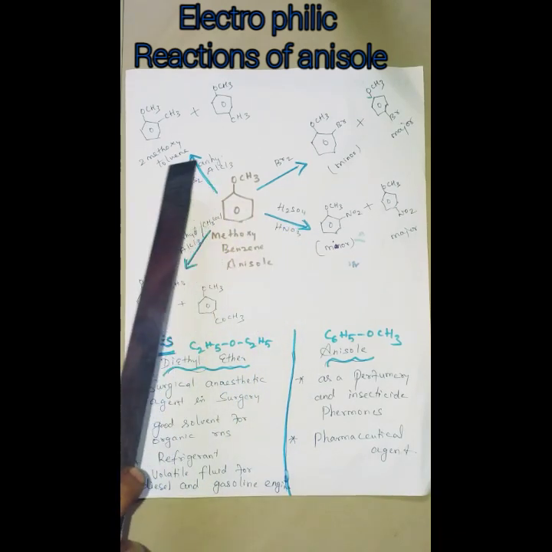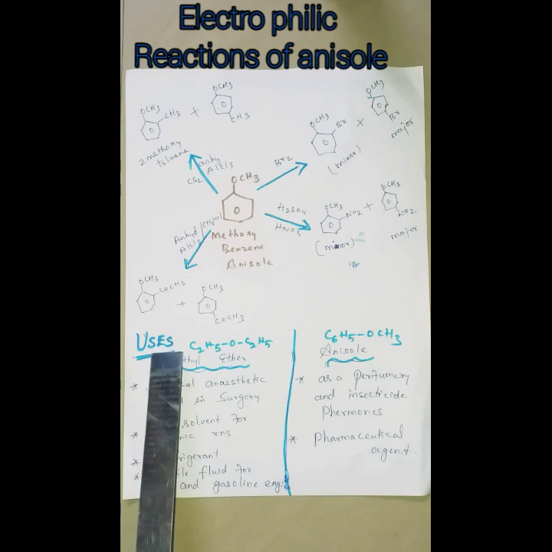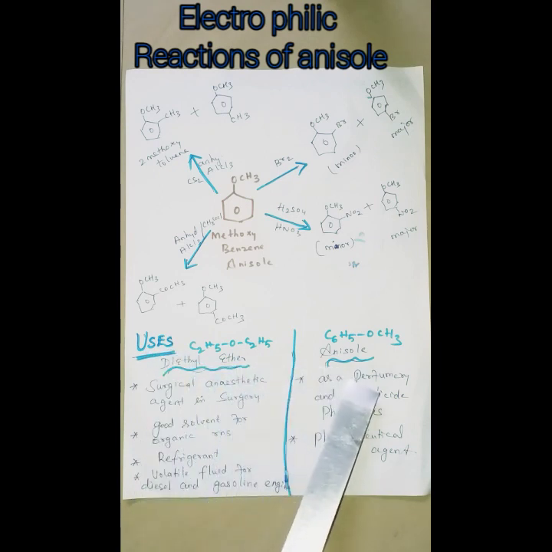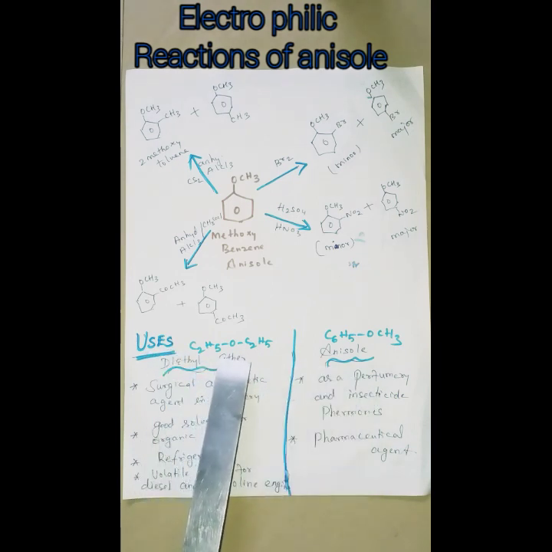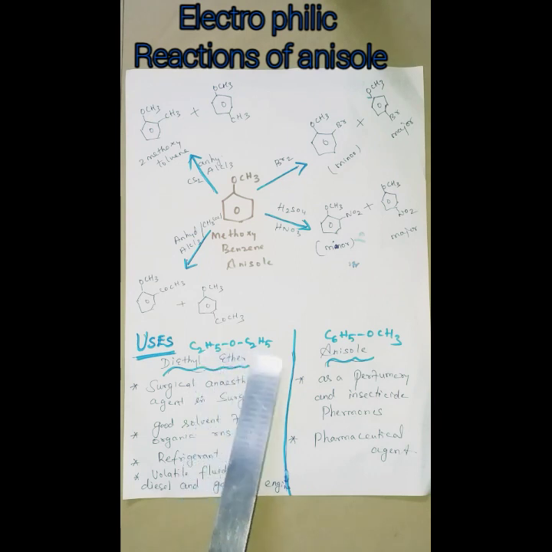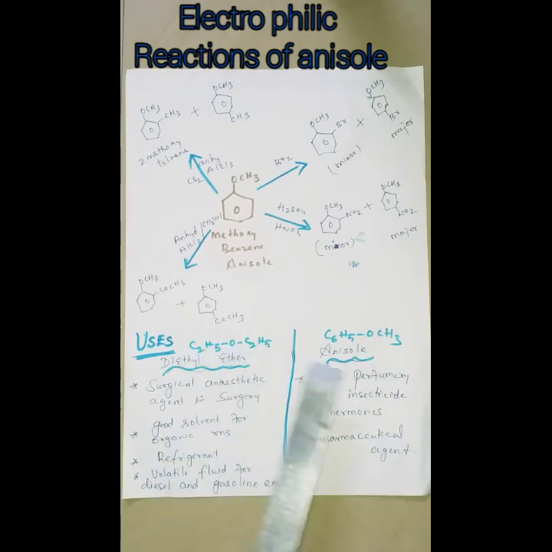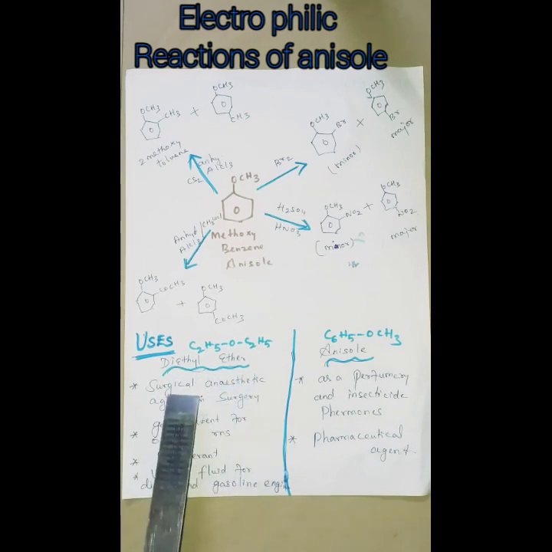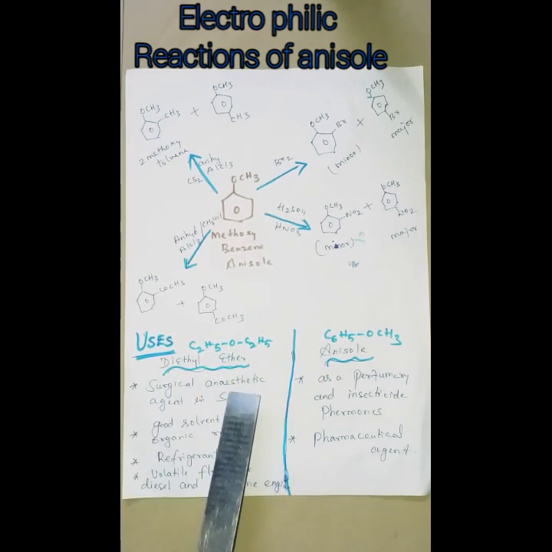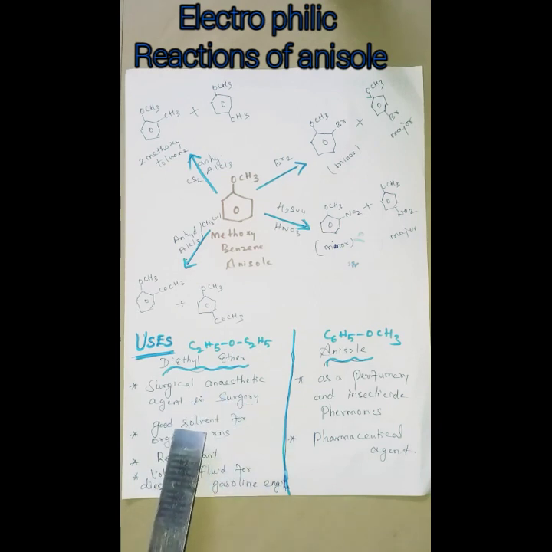Now we are going to see the uses of diethyl ether as well as anisole. The diethyl ether formula we know, C2H5OC2H5, and the anisole formula is C6H5OCH3. This is an aliphatic ether and this one is an aromatic ether. The main uses of diethyl ether: first, it is used as a surgical anesthetic, an anesthesia agent in surgery. Second, it acts as a good solvent for many organic reactions, for dissolving many organic compounds.